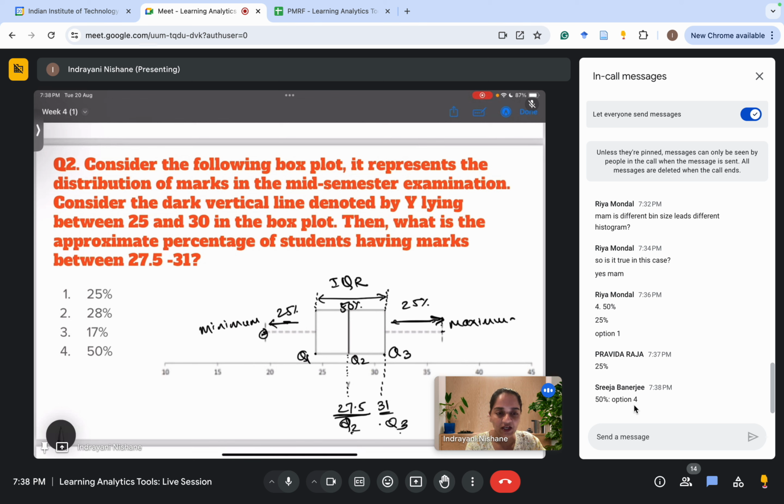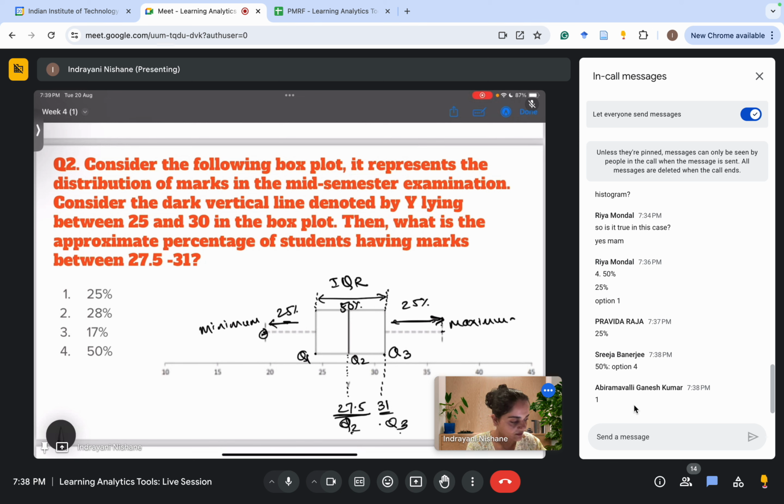So if you want to change your answers, think about it. In this entire box, if this is 24, then between 24 and 31 lies the middle 50% of the sample.